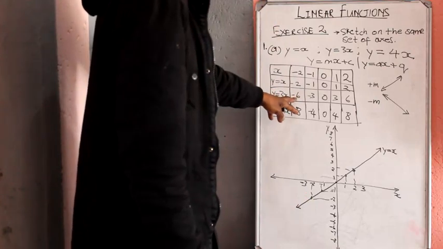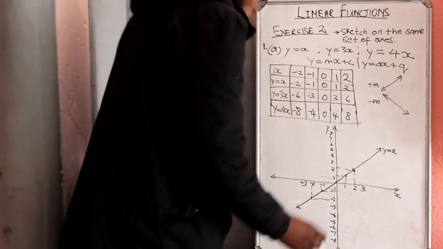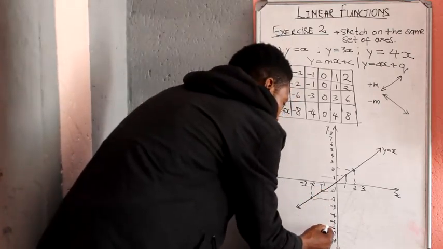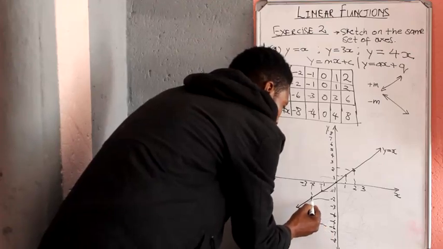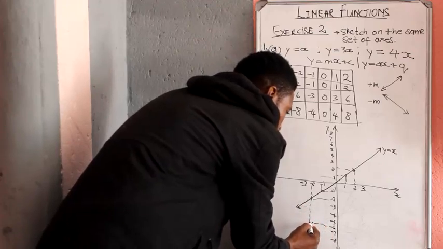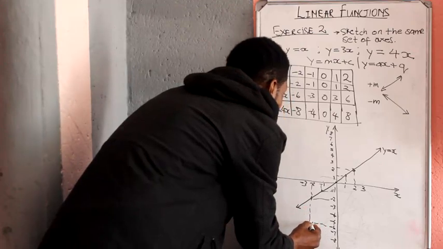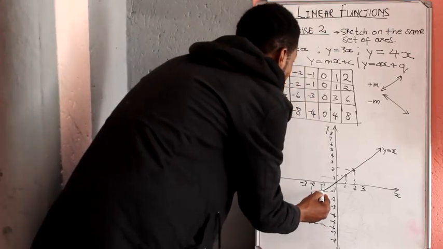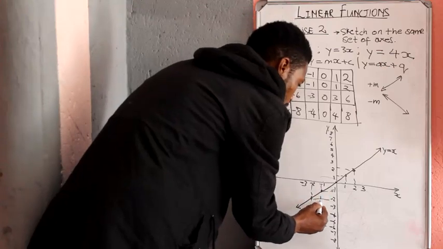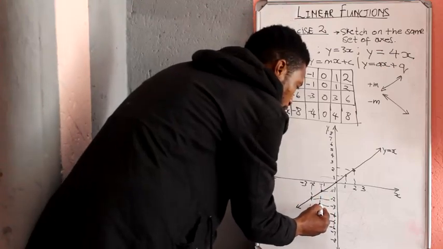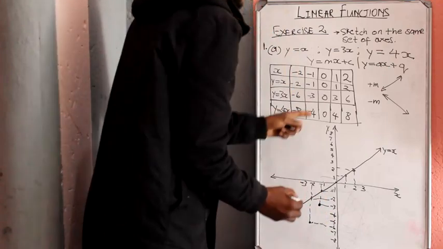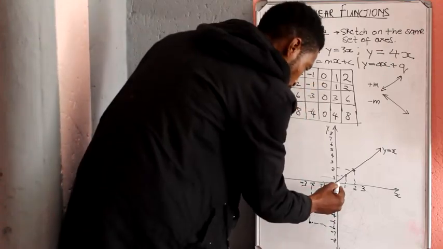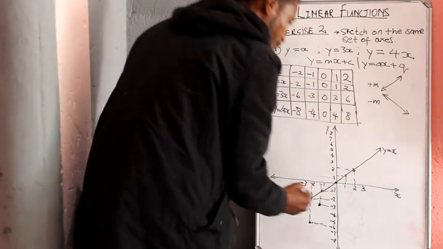It's going to be -6 goes with -2, -6 for y, -2, and then -1 goes with -3, and then where does it pass? It passes at the origin. Good.